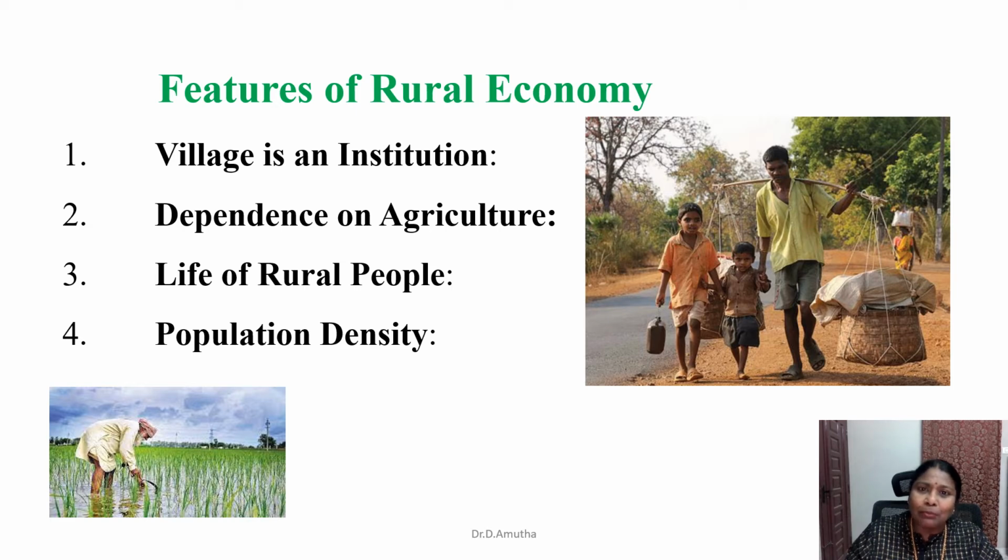Life of rural people. Lifestyles in rural areas are very simple. Public services like education, housing, health and sanitation, transport and communication, banking, roads and markets are very limited and unavailable. Rural people rely much on faith, superstitions, and traditional cultural practices.